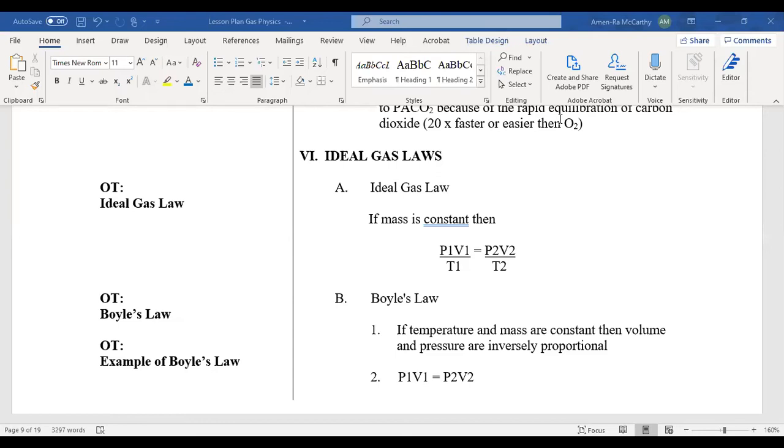All right, Kelsey, what's the first thing we get rid of? The PB minus PH2O. So the first thing we get rid of is the H2O, the water vapor, right? Okay, Kenya, what's the second thing we get after we got the water vapor out? What is the next thing we got to subtract?